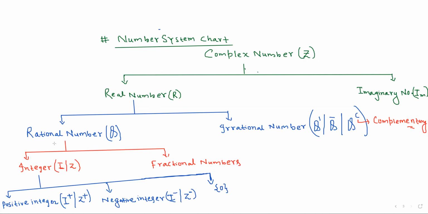One important thing, beta: all the positive integers. Positive integer means what? A positive number. And a positive number is effectively a counting number.